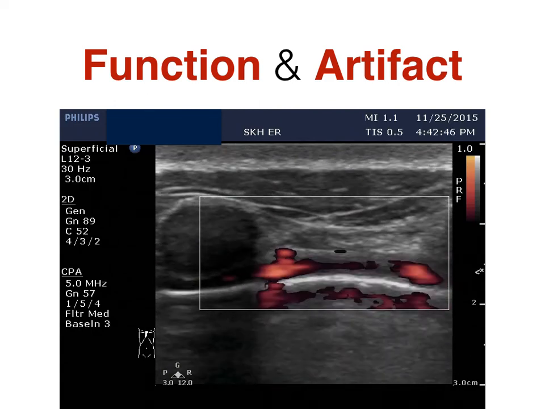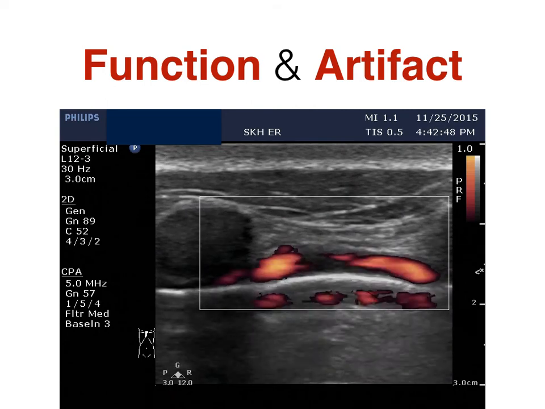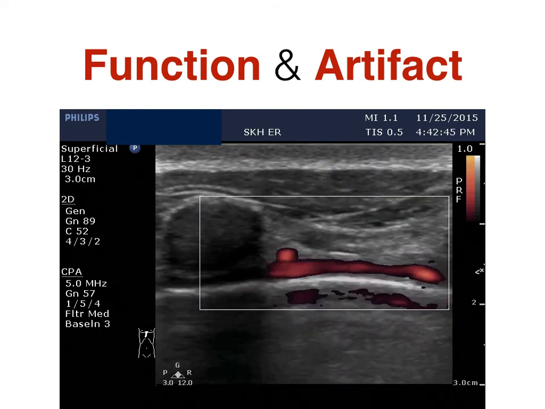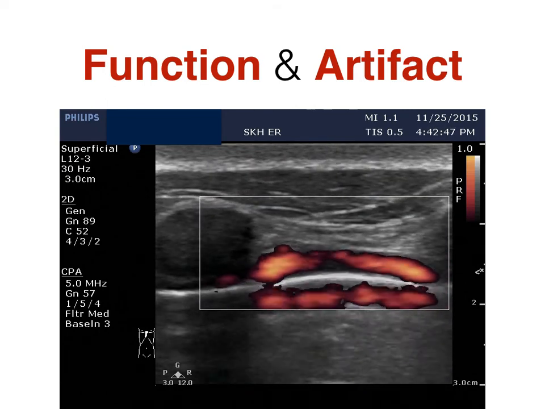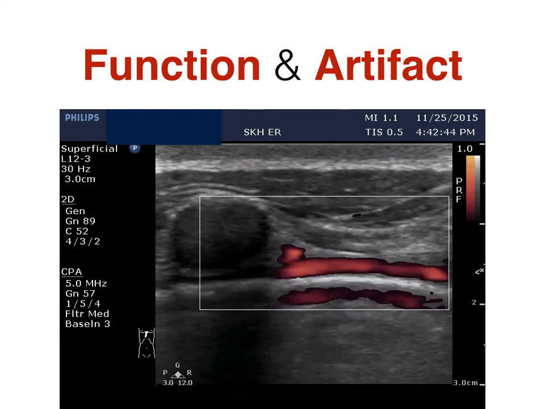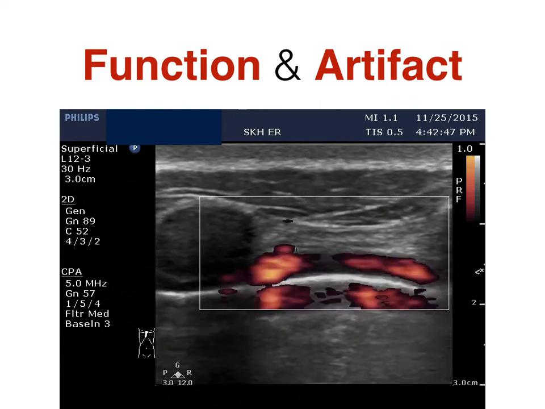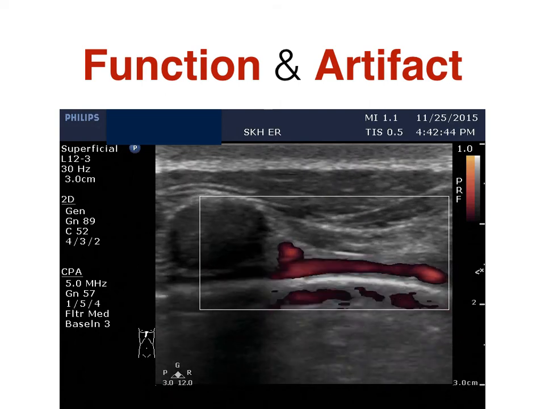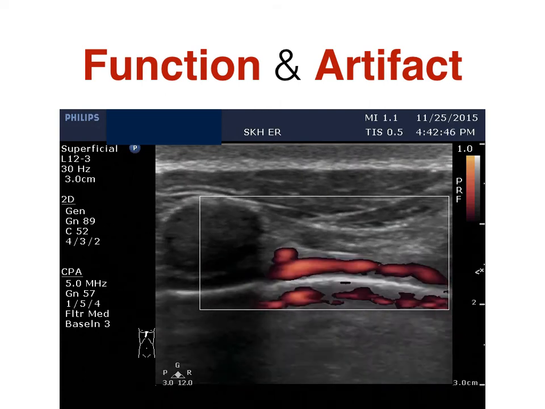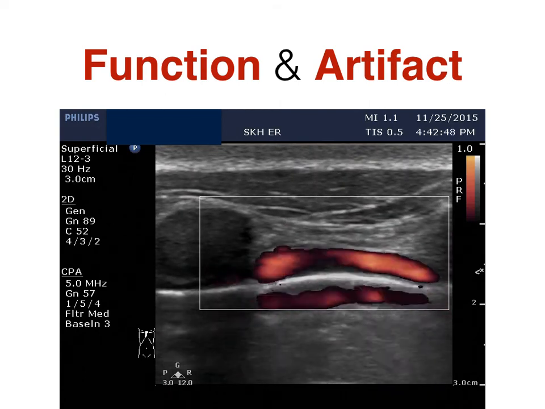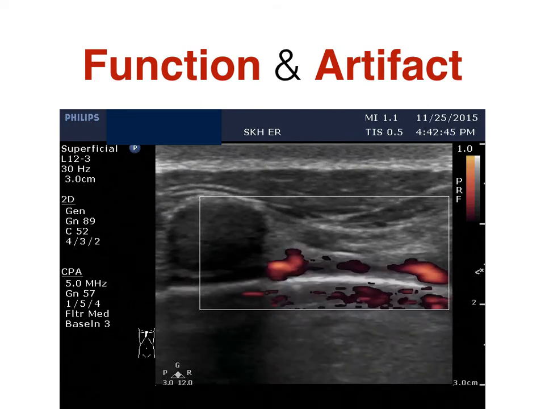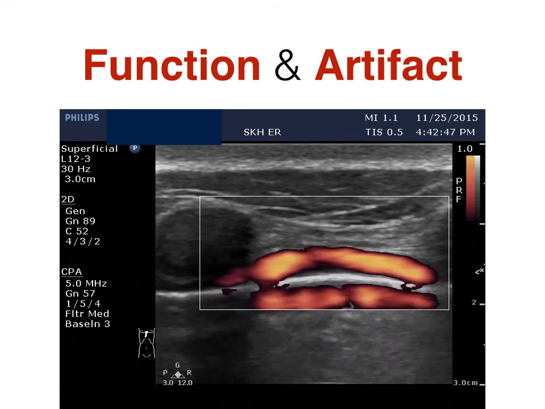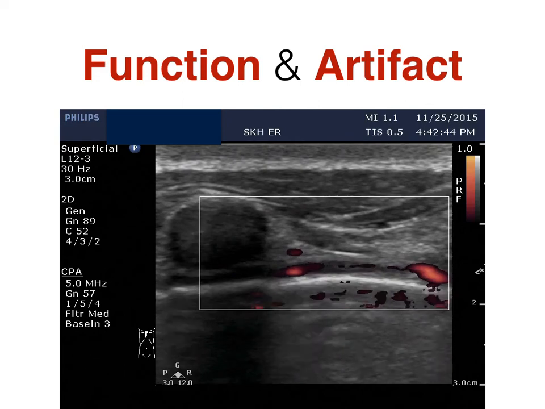What is this function? Color Doppler. What kind of color? Power. Power Doppler. Only one color, right? So, if you are trying to use the color Doppler, that means you need to know the direction of the flow.